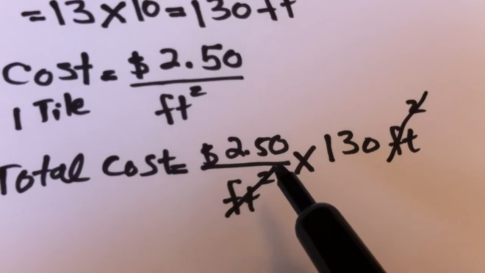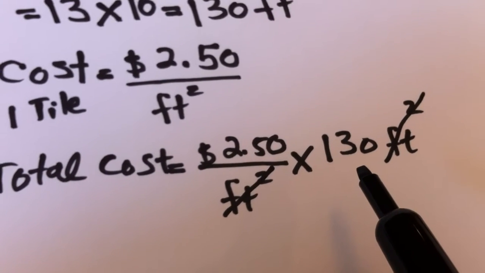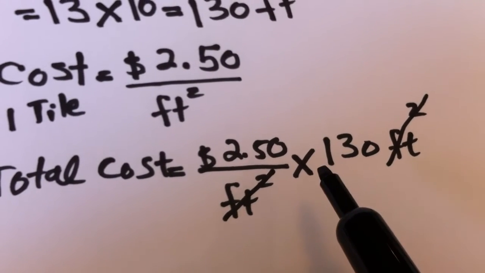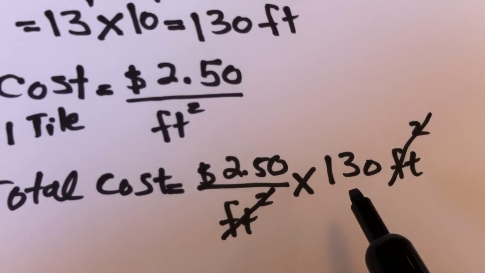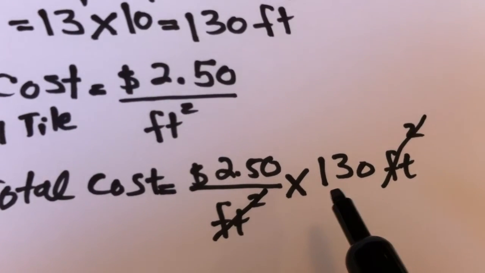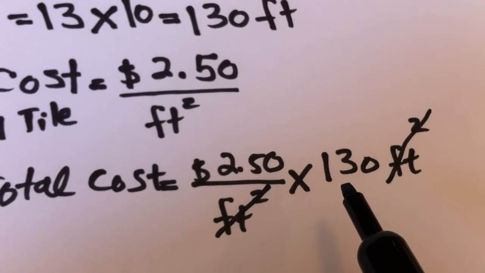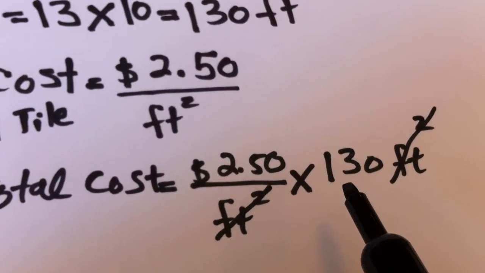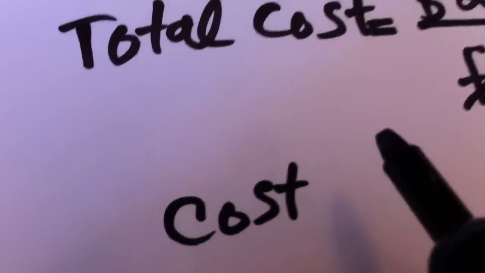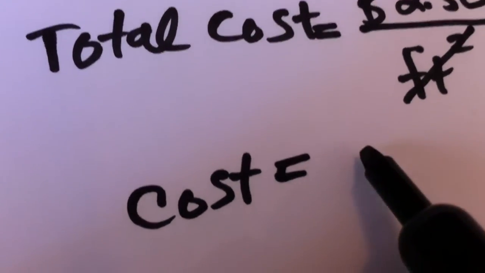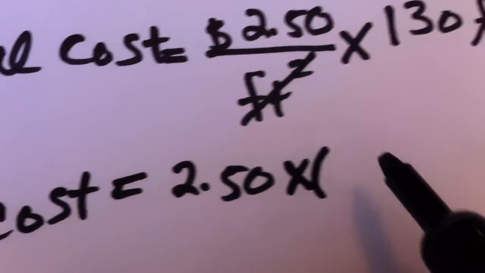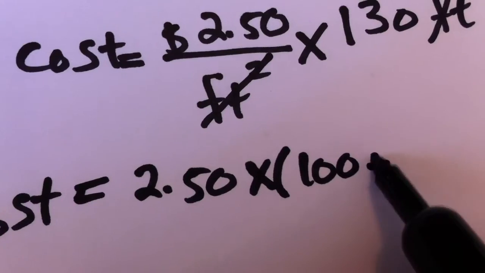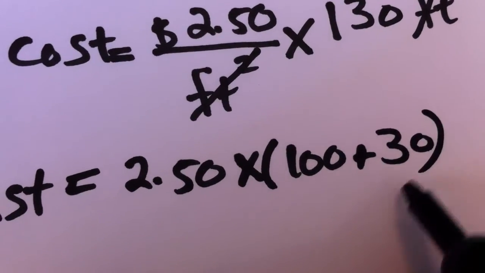And to multiply 250 by 130, because we don't have a calculator, right? We'll make 130 into two easy numbers. We'll break it into two easy numbers, 100 and 30. 100 is an easy number for multiplication, right? So the cost equals 250 multiplied by 100 plus 30, right?